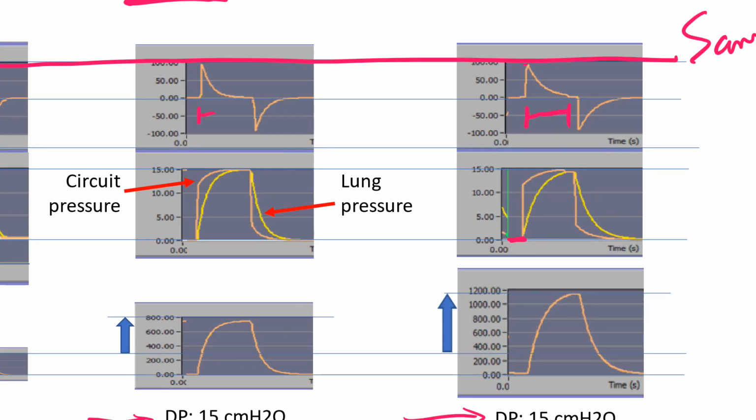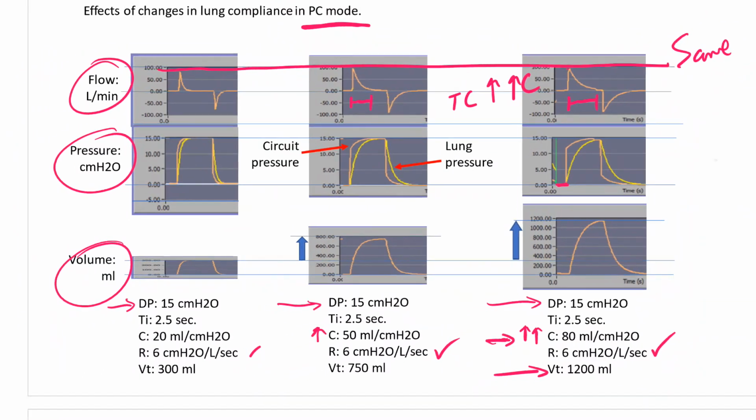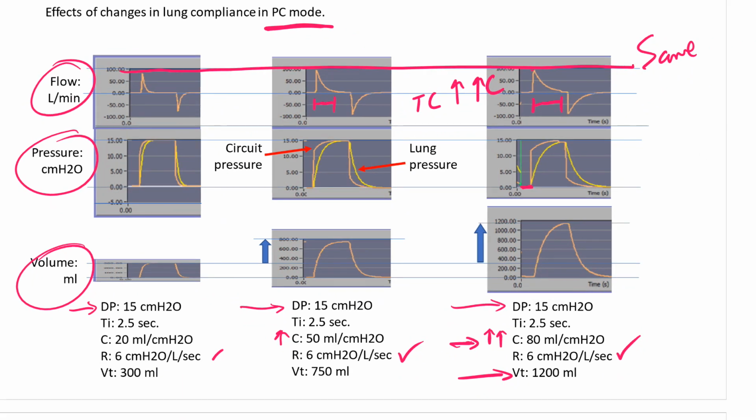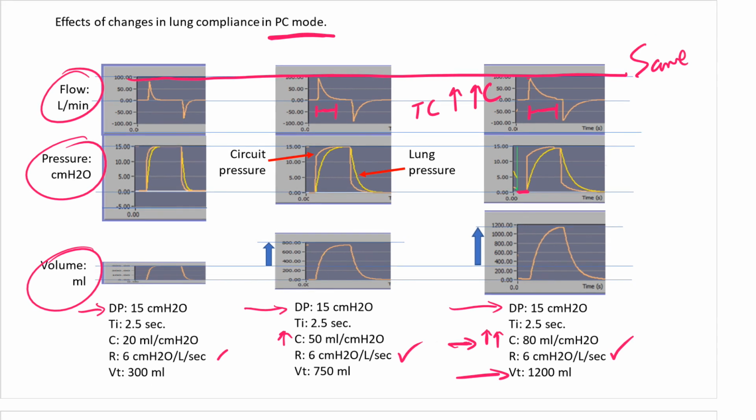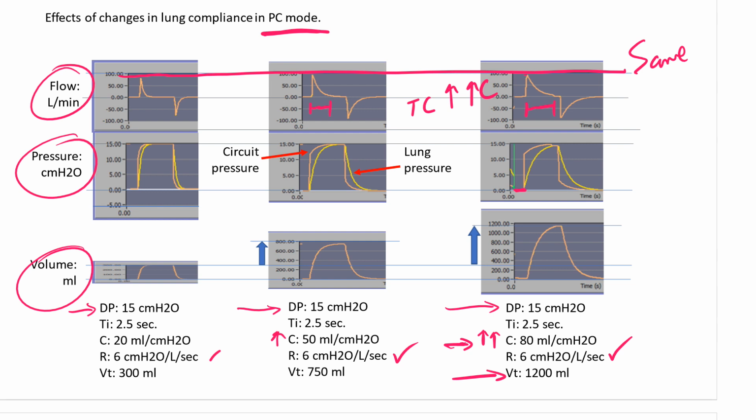The time for equilibrium with the time constant here is going to be increased with increased compliance. So maintaining the same driving pressure does not change the peak inspiratory flow, but it does alter the time constant, or the time it takes to get equilibrium between circuit pressures and mouth pressures. And that's an important consideration.